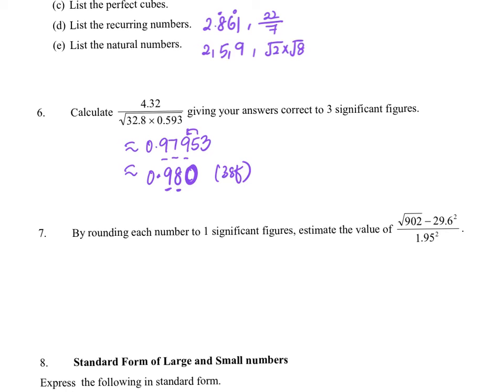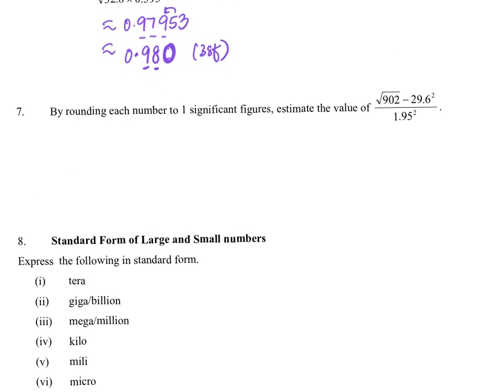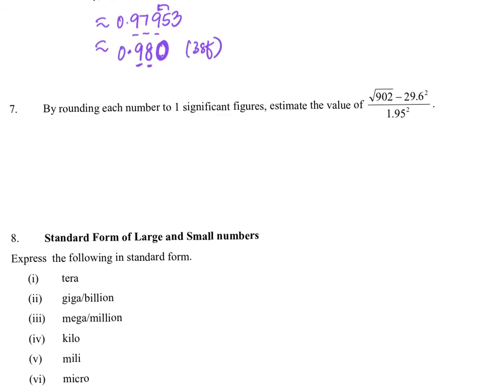Students always make mistakes. Must do one by one first. Each number needs to be rounded off to 1 SF, even before you do any operation. I write in detail. 902, round off to 1 SF, 900. 29.6, round off to 1 SF, 30. 1.95, round off to 1 SF, 2.